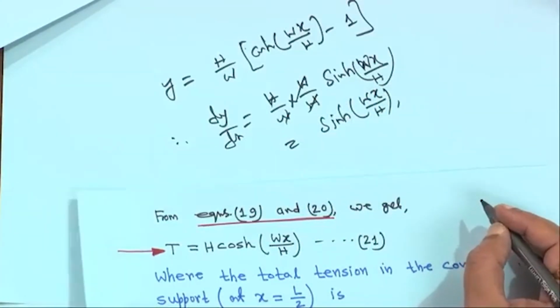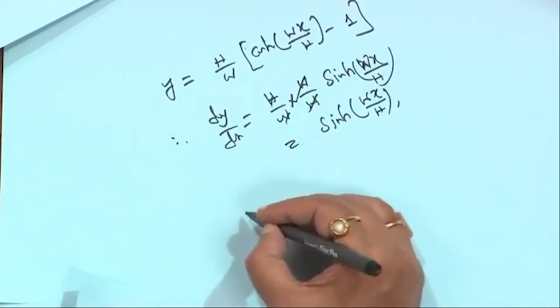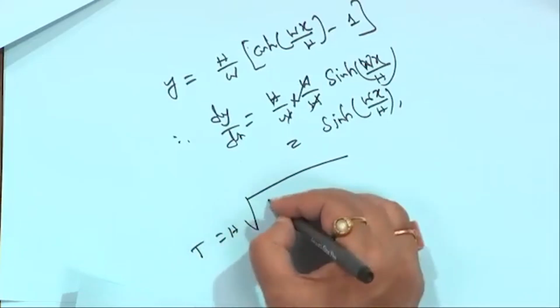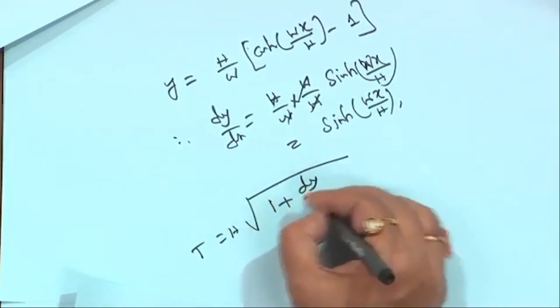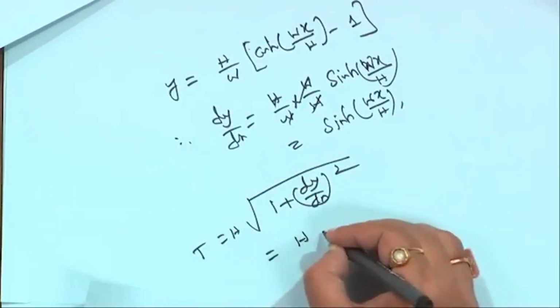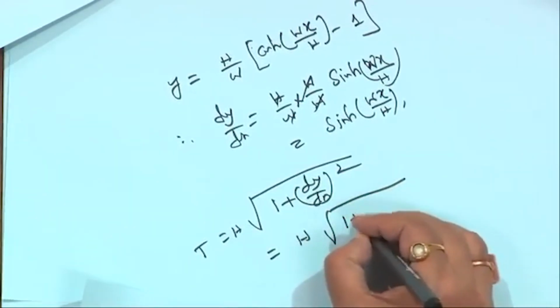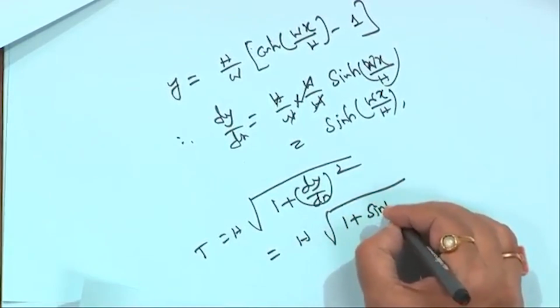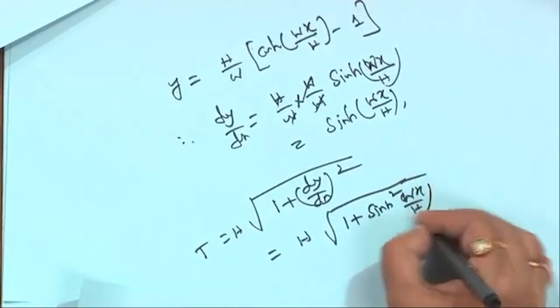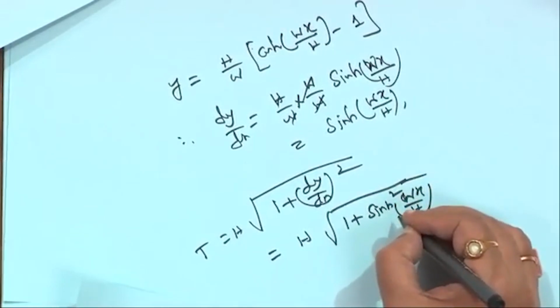Now, if you put in that equation, it is given t is equal to h root over 1 plus dy by dx whole square, that is equal to h, then root over 1 plus sin hyperbolic square w x by h. Actually, this is nothing but cos hyperbolic square.